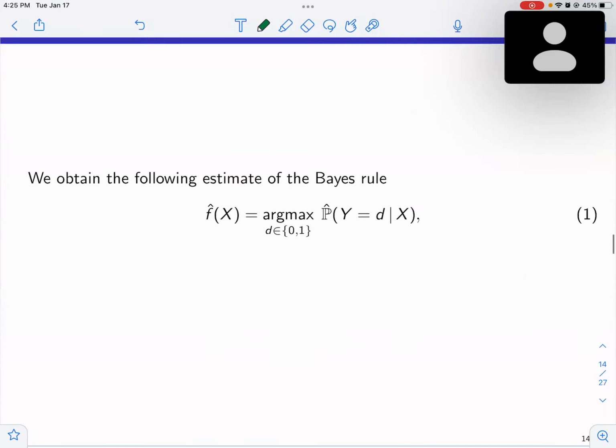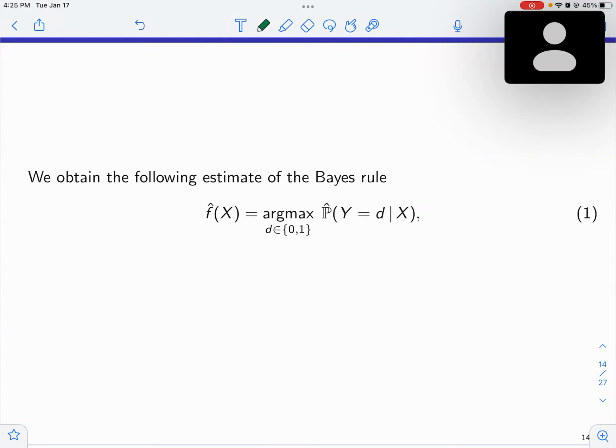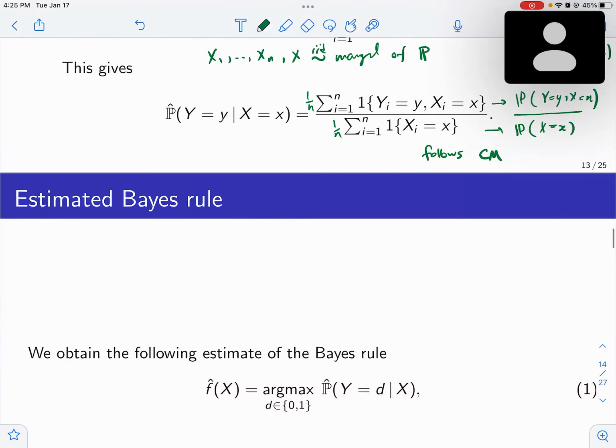Okay, we have done all this. So now this is our estimator, which is p hat. Used to be p, now it's just p hat based on that.